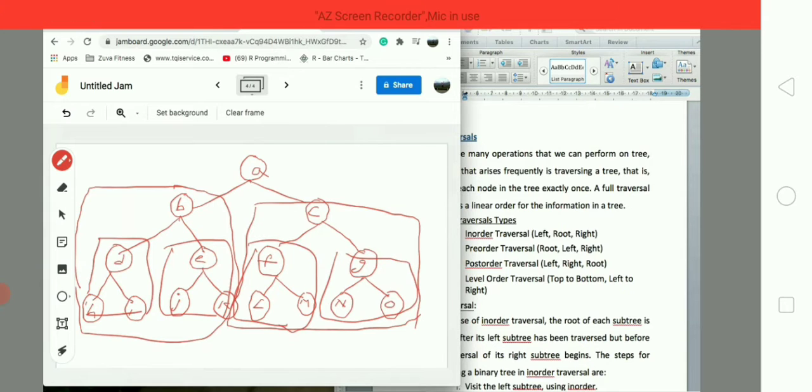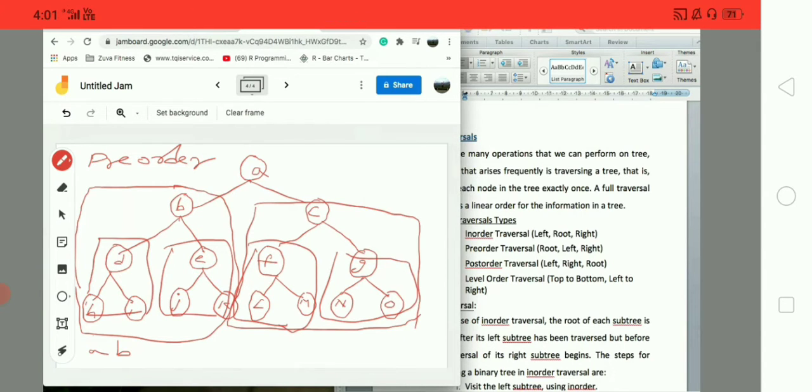Okay, in pre-order, how will it be traveled? First it visits the root node, after that it visits the left, after that it visits the right nodes. So here what is the root node? A. So pre-order: first it visits the root node A, after that B, because after the root node it visits the left node.